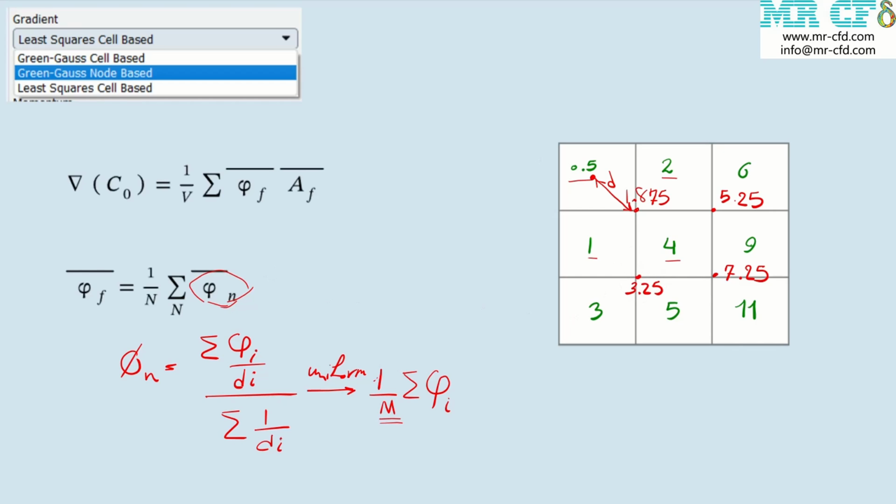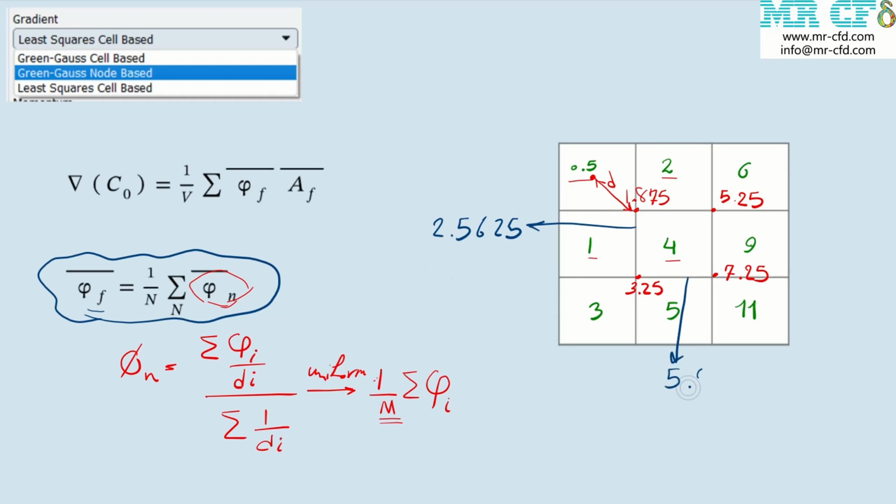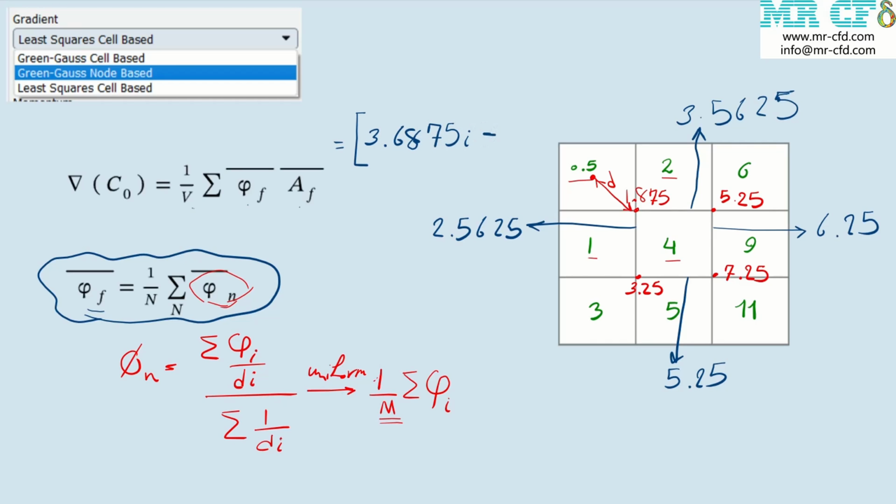The value of phi at the west face would be the average of its neighboring nodes, equaling 2.5625. The value of phi at the south face is 5.25, at the east face is 6.25, and at the north face is 3.5625. By substituting these values into the original equation, the gradient of phi at cell C0 is calculated to be 3.6875 in the i direction and minus 1.6875 in the j direction.